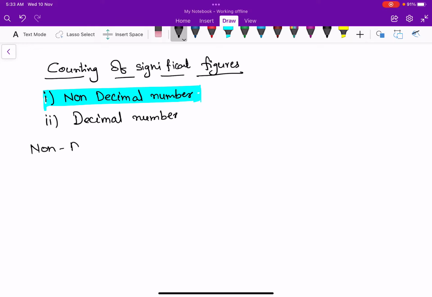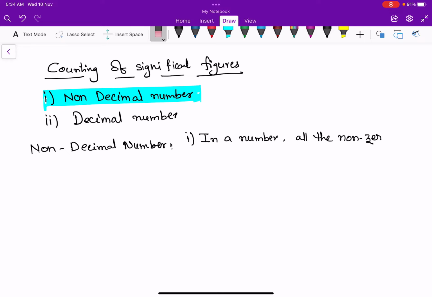For a non-decimal number, first one: in a number, all non-zero digits are significant, or considered, or counted.